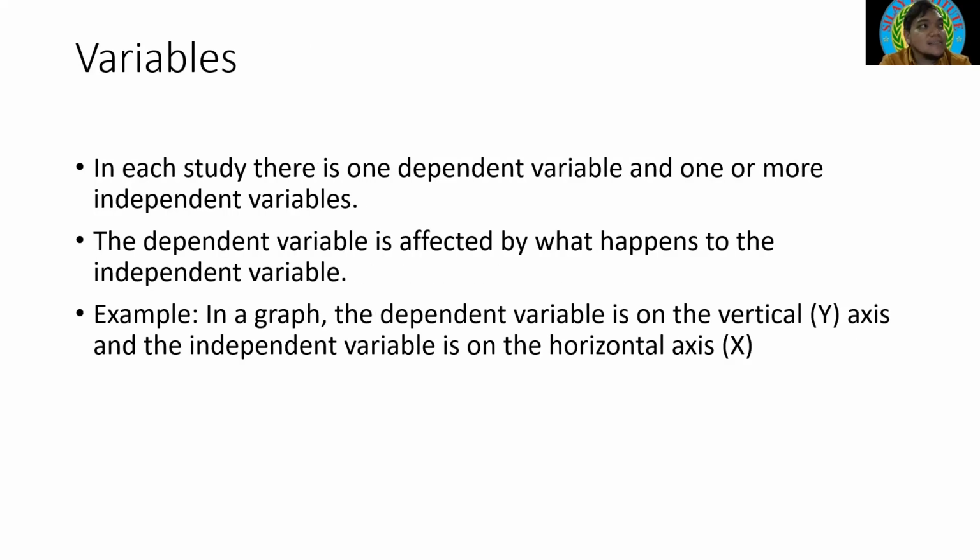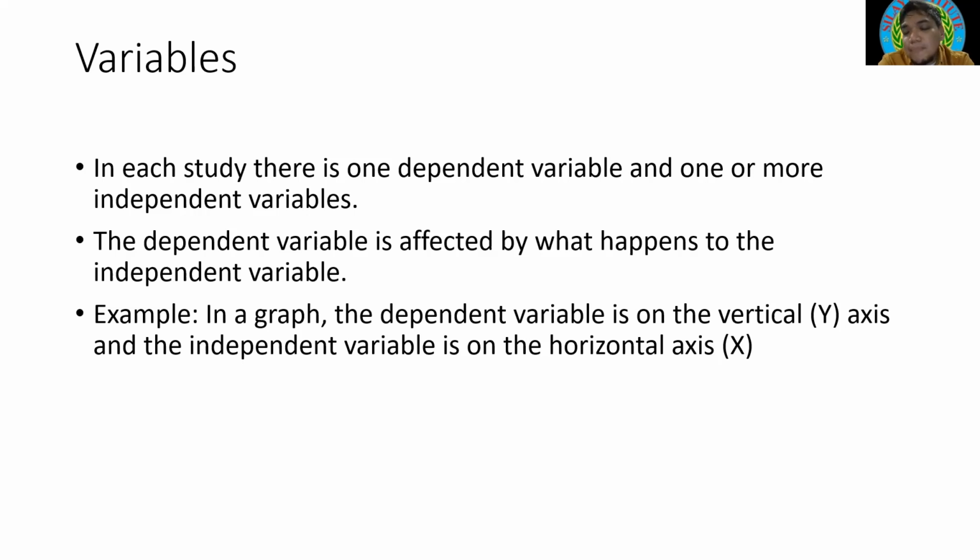Now, sciences also have variables. In each study there is one dependent variable and one or more independent variables. The dependent variable is affected by what happens to the independent variable, of course.